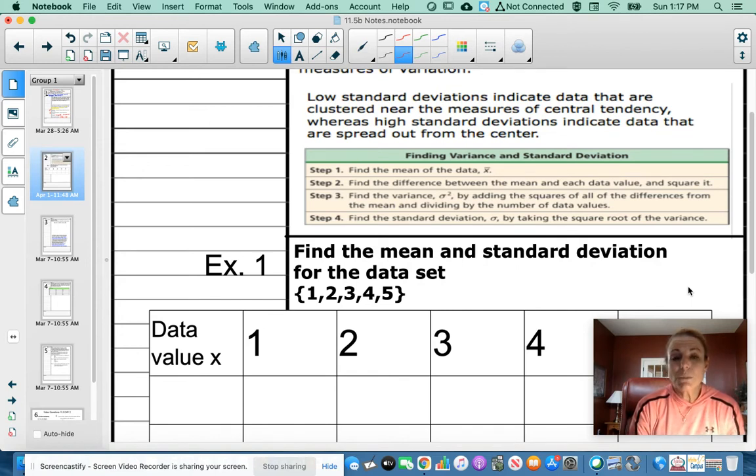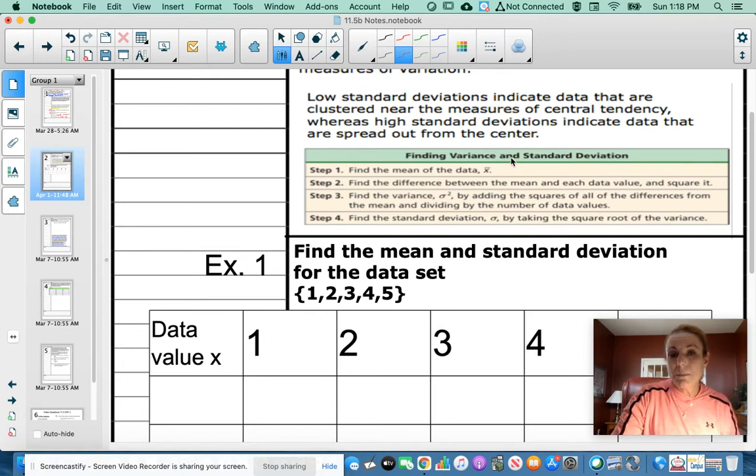If our data is spread out all over the place and we have outliers, which we will talk about, our data is not going to be as valid, and it's not going to be as nice to use to make statistical predictions. So how do we find the variance and standard deviation?